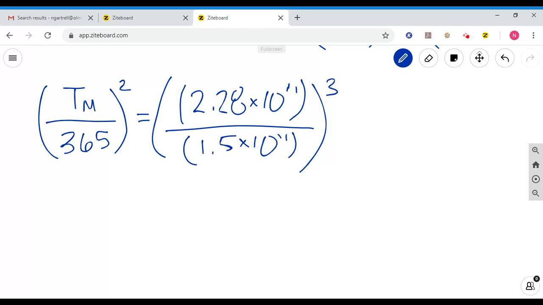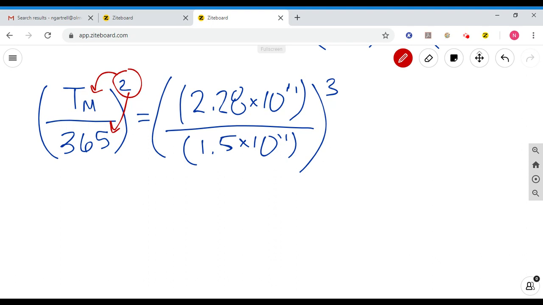All right. We're looking for T sub m. And right now, T sub m is inside parentheses. And what we have to do to get rid of it is we have to distribute the square.